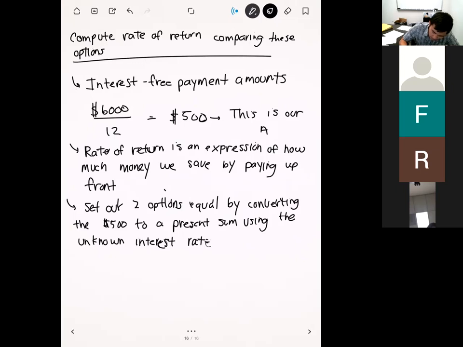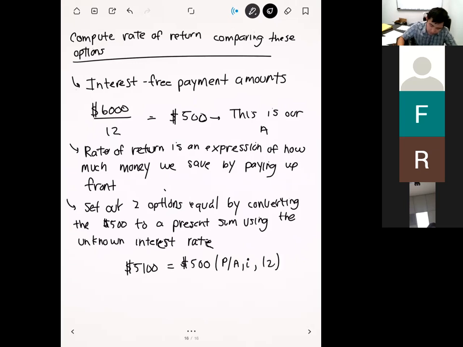And then that interest rate that we find, that's going to be our rate of return. And so what we have here is $5,100 equal to $500 times P over A, i, and 12.